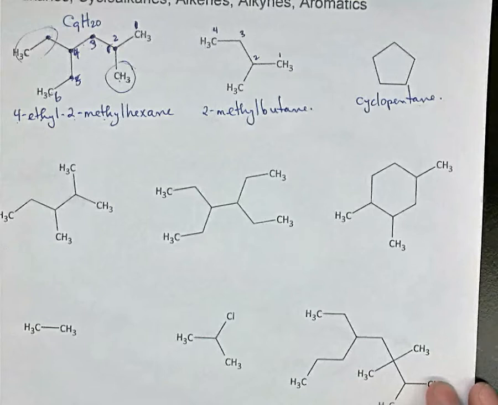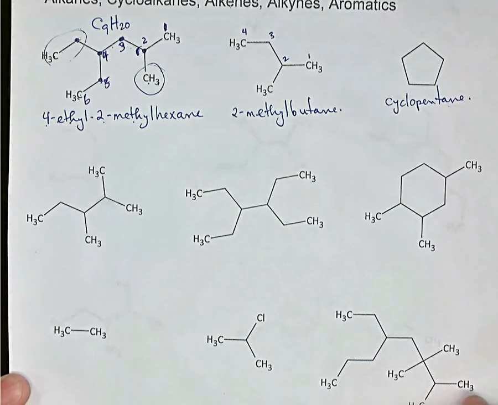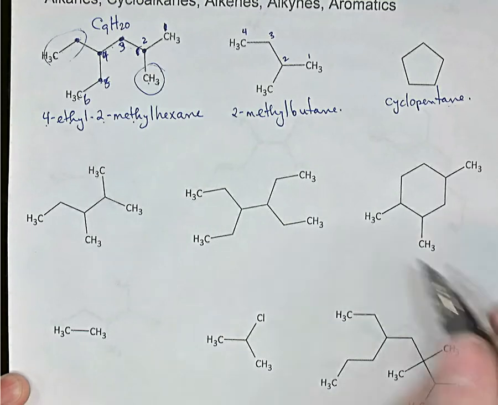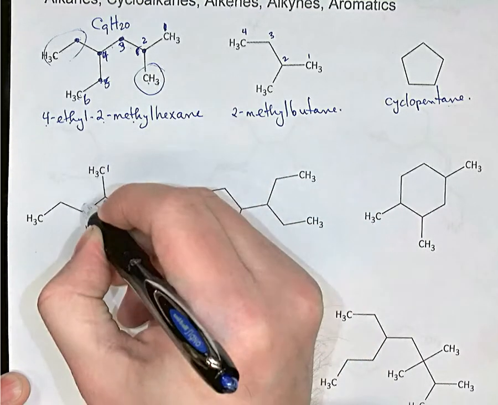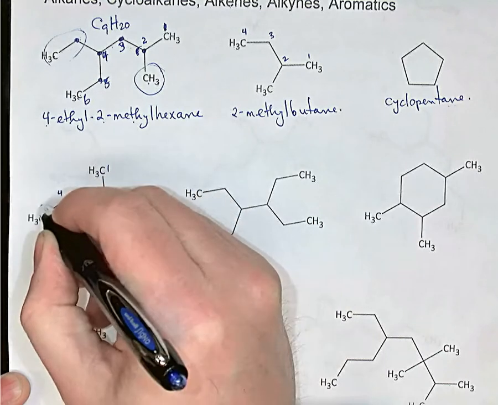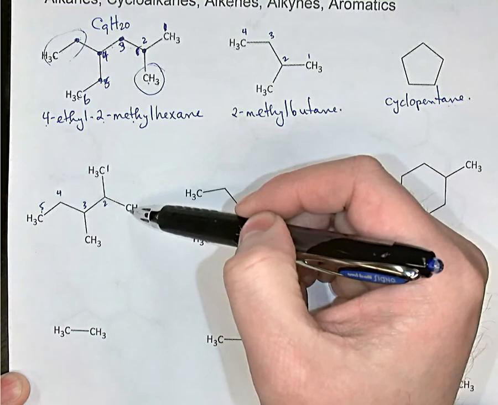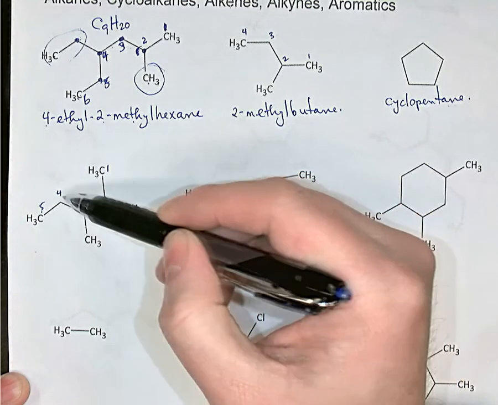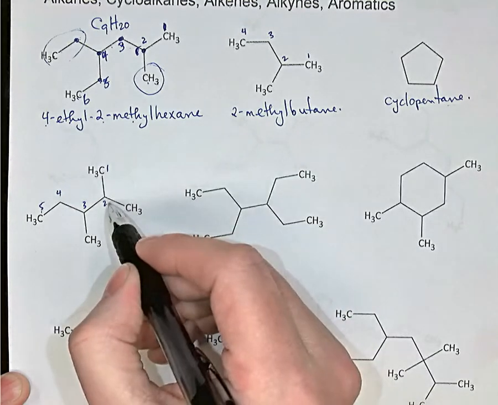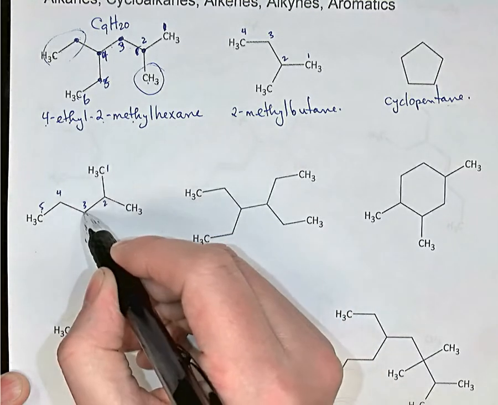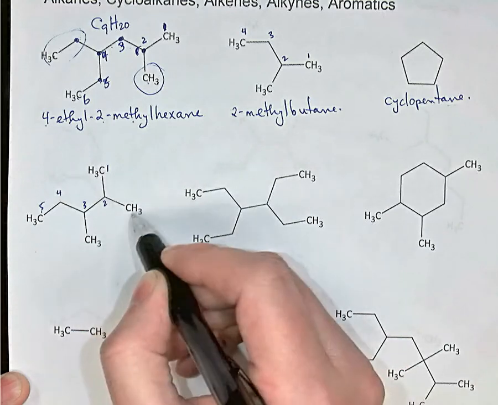Now this next example, you can pause and try it yourself. So we've got a parent chain of 1, 2, 3, 4, 5 carbons. Now I started up here, but you could easily have started down here, same idea, 1, 2, 3, 4, 5. So that's called pentane. And then on carbon number 2 and on carbon number 3, there are these methyl branches, single carbon branches.